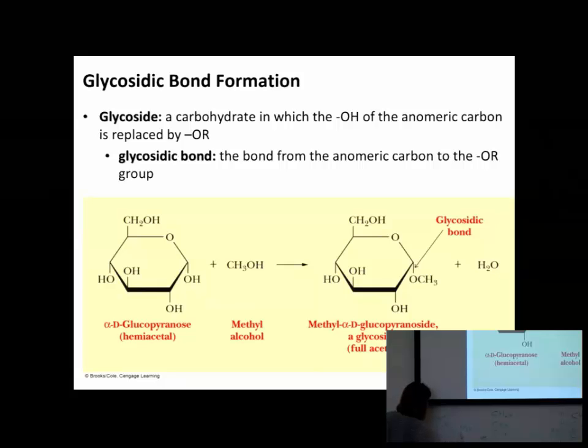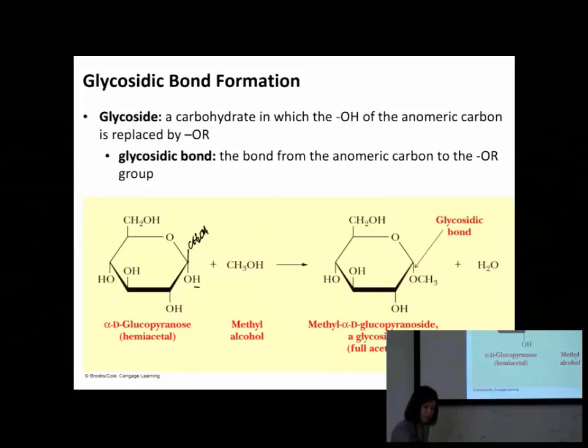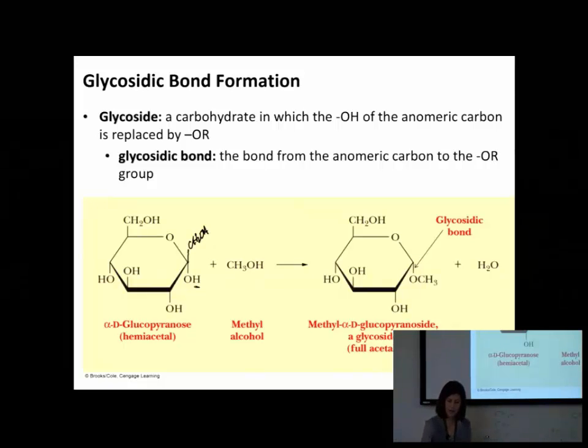It doesn't matter if there's another CH2OH here. All right? There could be that. But because this is free, that's telling me that it's free to react. But we don't have that here. That would be a 7-carbon chain.